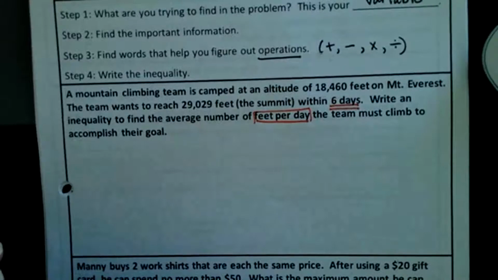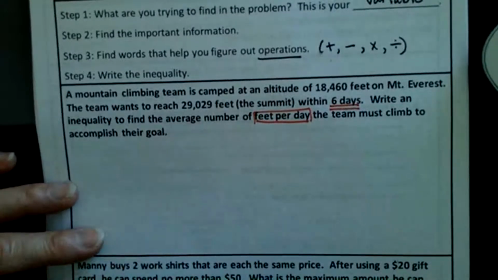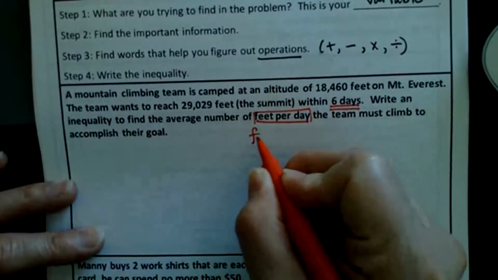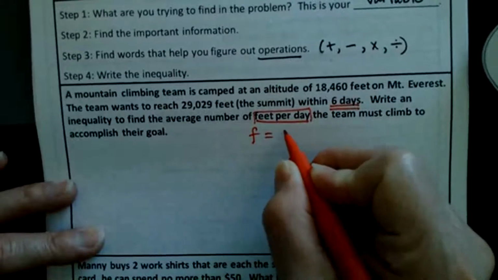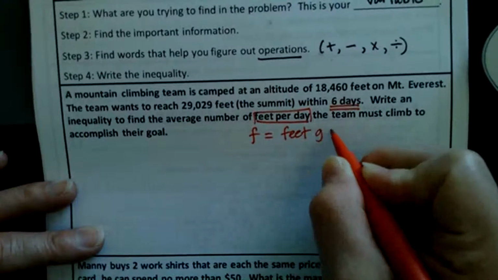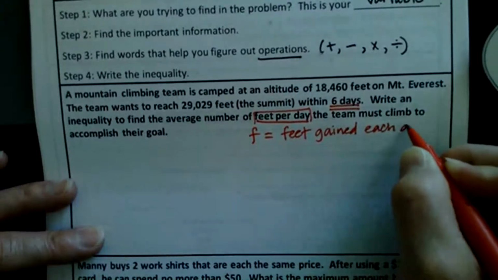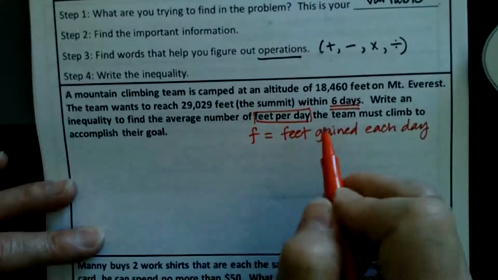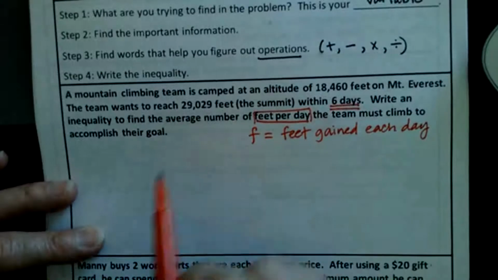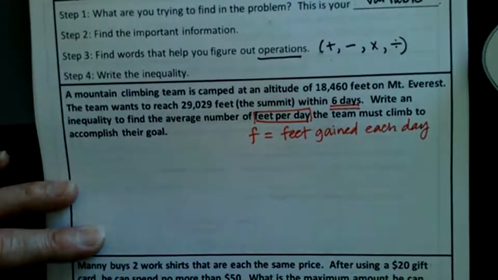Number of feet gained per day. That's going to be our variable, okay? So let's make our variable F, let's say, F stands for feet gained each day. So this is the number of feet that they're going to climb each day, okay?